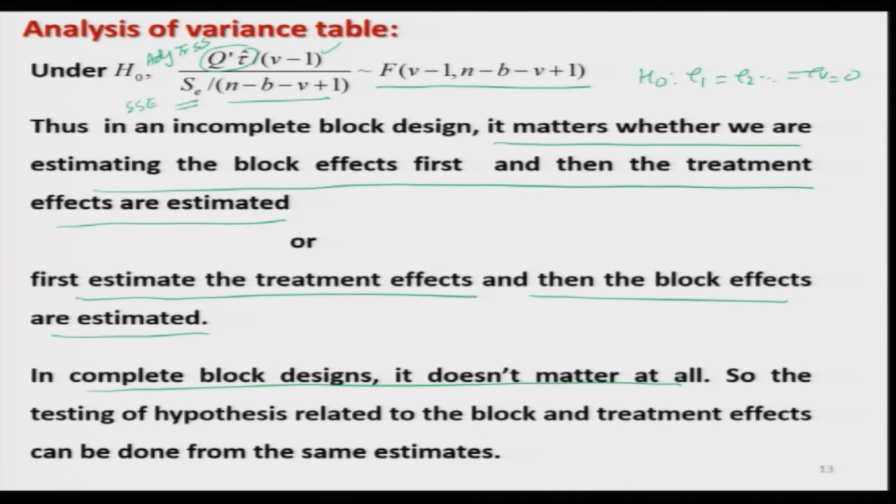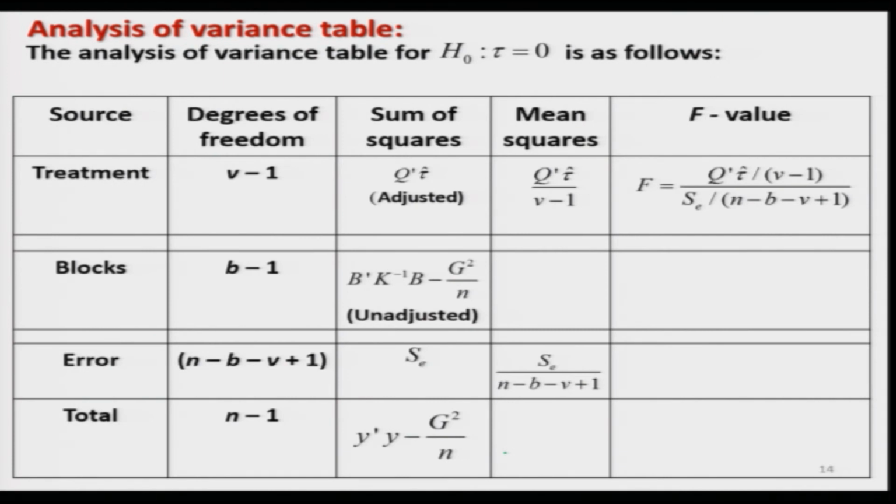And that is why the testing of hypothesis related to the block and treatment effects can be done from the same estimate in the case of complete block design. But since this is different in the case of incomplete block design, we will have two different types of analysis of variance. So, now you can see whatever you have done here, you can compile in the form of an ANOVA table.